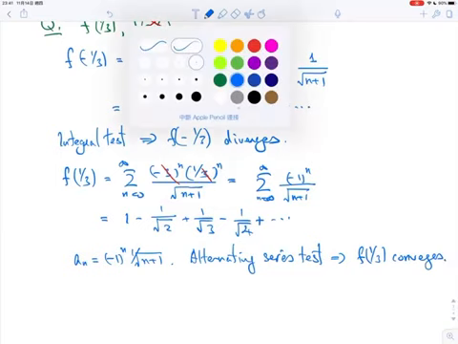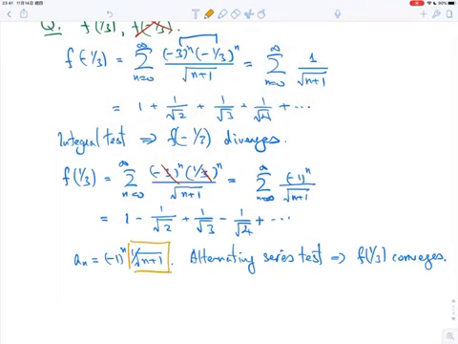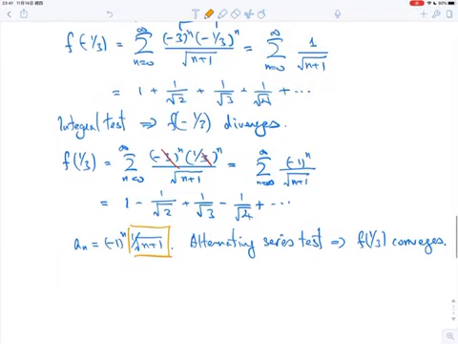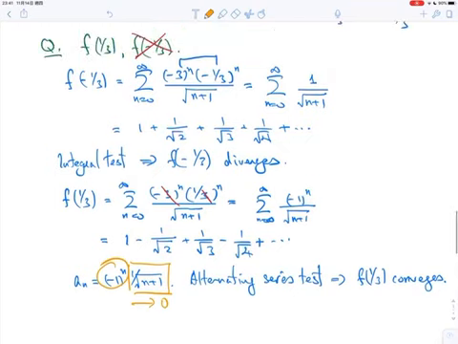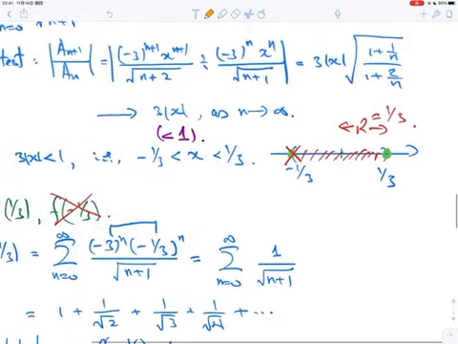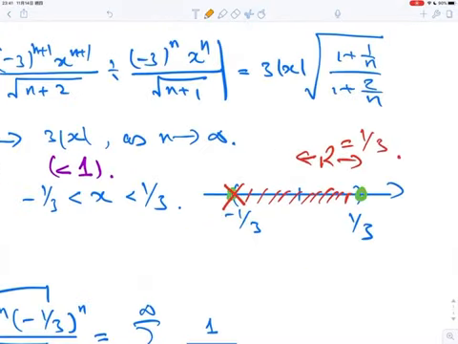All right, so if you look at this term, without a doubt this is a decreasing series, and it actually decreases to 0. And then you have this plus and minus sign in front, and so the alternating series test would assert it is converging. So in this case, if we go back to this interval, we will see that this point is actually good. So 1/3 is good, minus a third is not good.